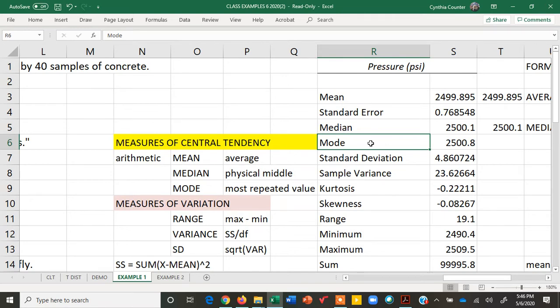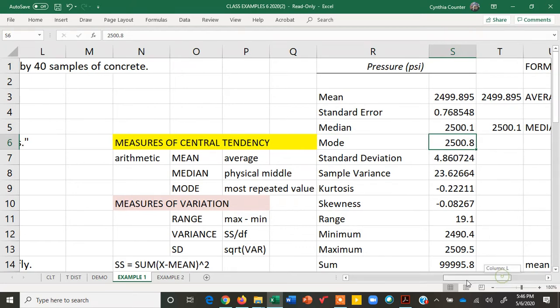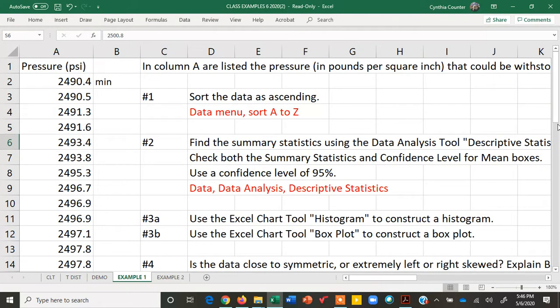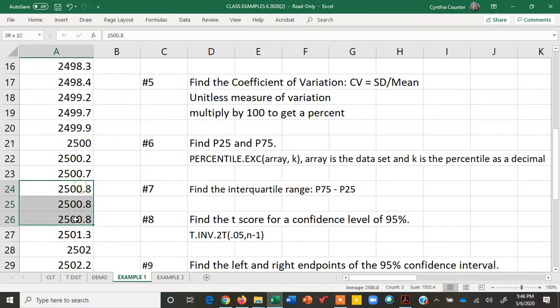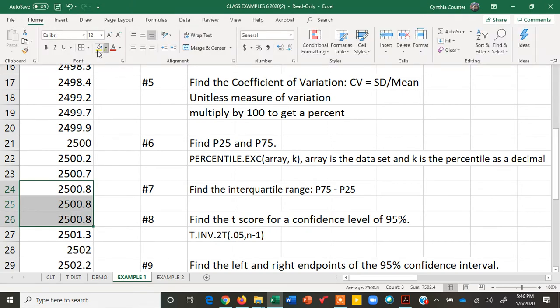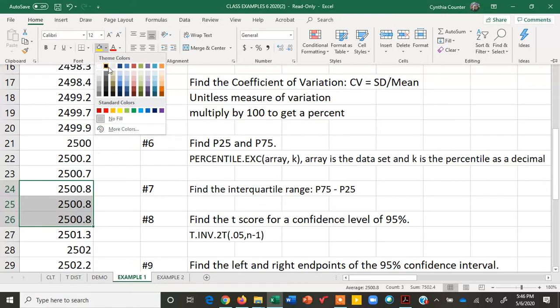Here, though, we do have repeats. And look, it's that 2500.8 that we noticed when we were skimming through here. That 2500.8, which we noticed occurred 3 times, indeed was the value that repeated the most.